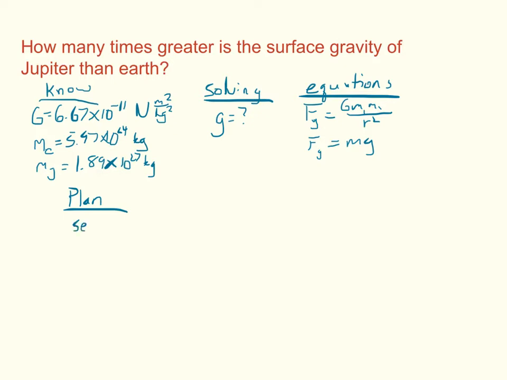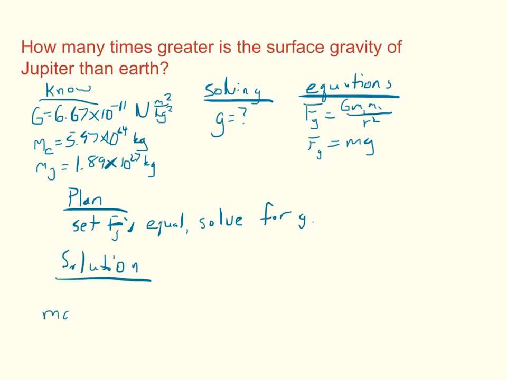So set the Fg's equal, and then just simply solve for our lowercase g for each planet. So the solution: we're going to set those equal to each other.